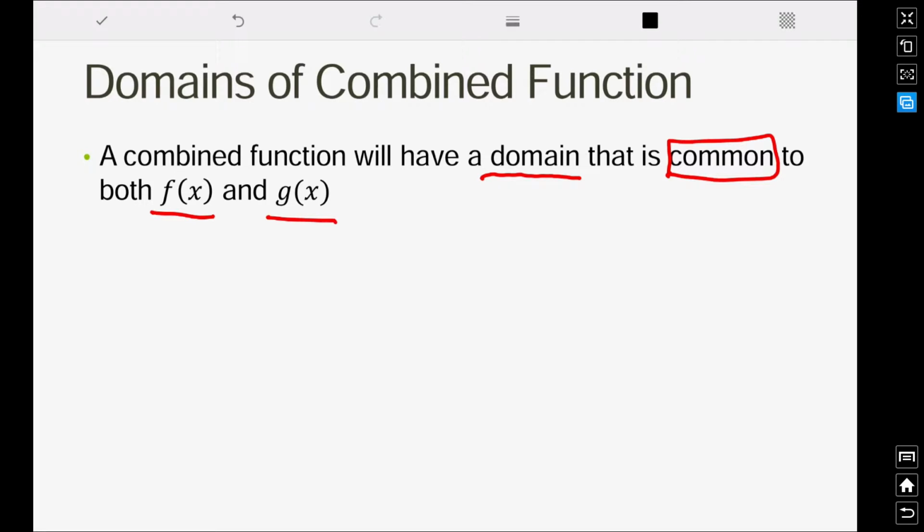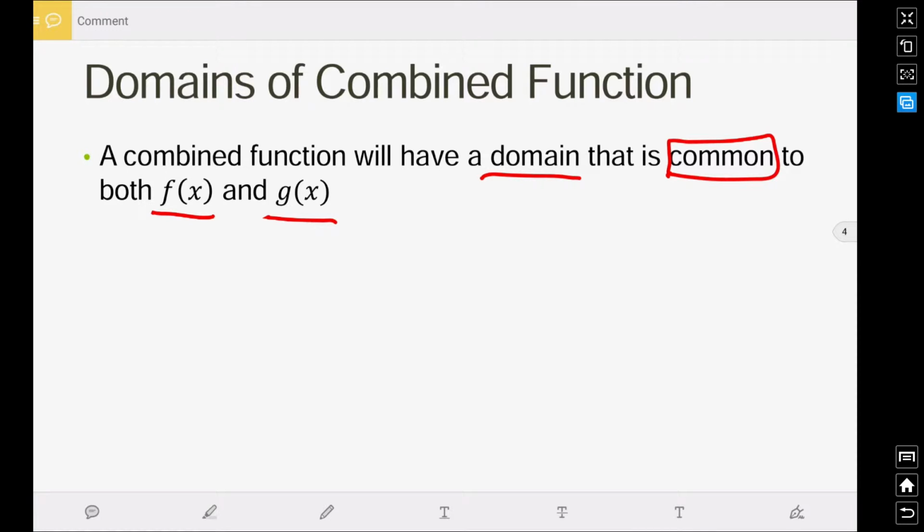We'll explore this concept more in some examples today. The domain of the combined function has to be common to both f of x and g of x. If f of x doesn't exist in some part, then the combined function shouldn't exist in that part either. Similarly, if g of x stops existing at one part, the combined function won't exist in that part either. That's how you find the domain.